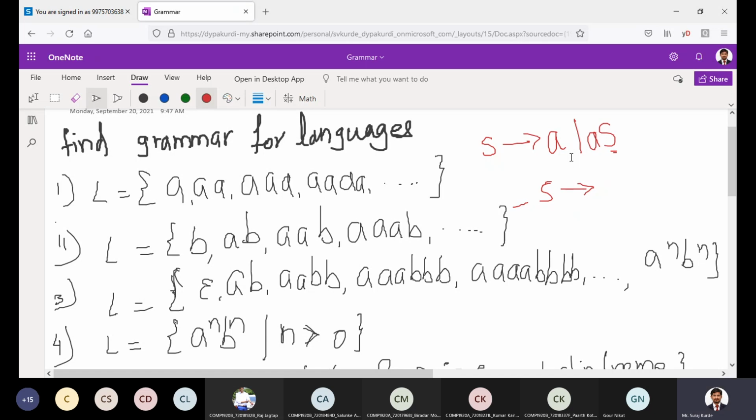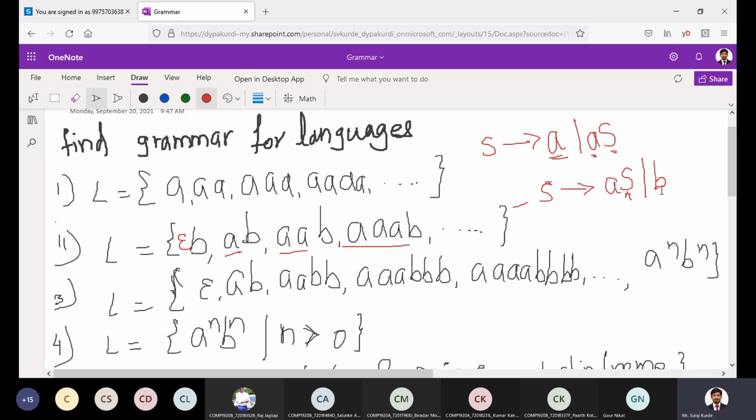For this part, we can use the first one, but the minimum number of times A is repeated is 0. So it is epsilon. So either it may generate A S or it can generate B.